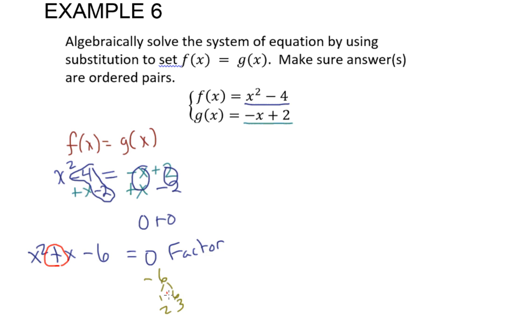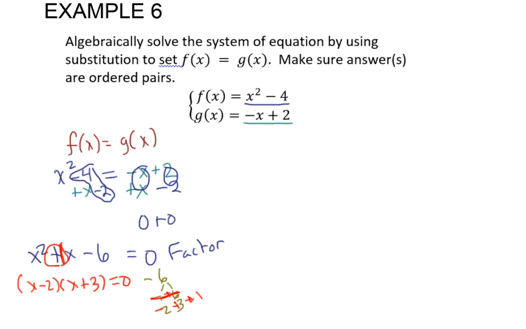So the larger one is positive, smaller one is negative. Which ones are going to give me a positive 1x when I combine them together? Definitely not 1 and 6, but negative 2 plus 3 is 1. So this factors into x minus 2 and x plus 3 equals 0.